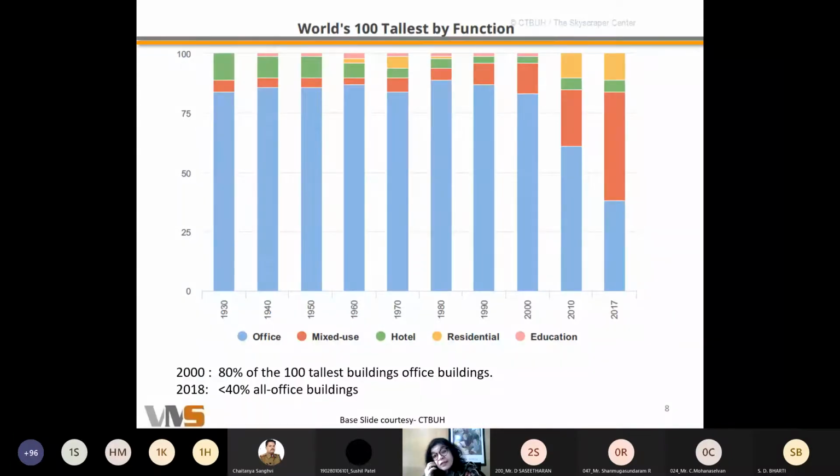Now the other interesting thing, I think, is historically and culturally seeing how the world is changing: earlier it was only offices that were being used for tall buildings. But as it has moved towards Asia, and I think that's especially true about Mumbai and some areas in the Delhi NCR region, and maybe 10 years later it's also possibly going to be true about Ahmedabad. I don't know, Ahmedabad has a lot of open space, so they need not go for so many tall buildings.